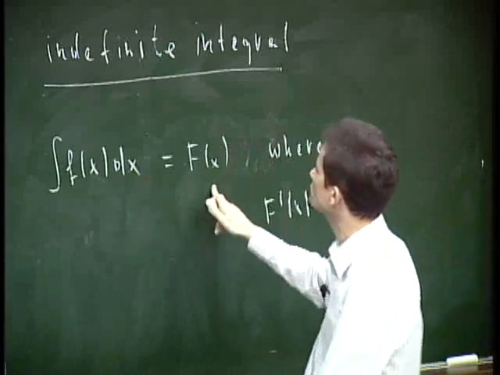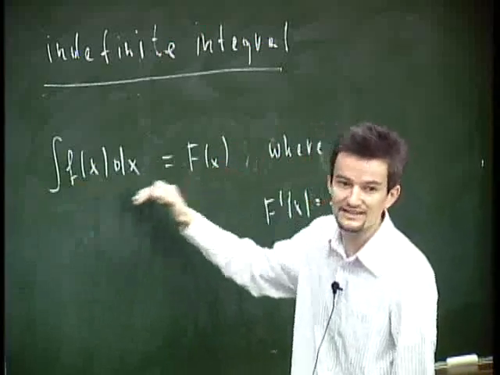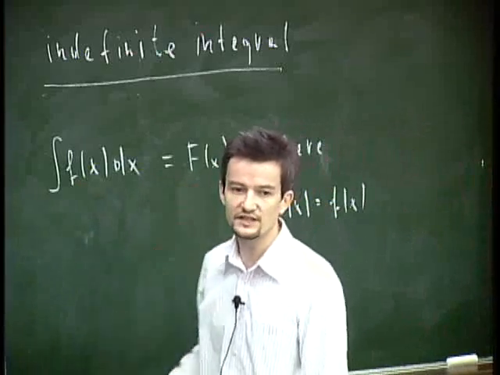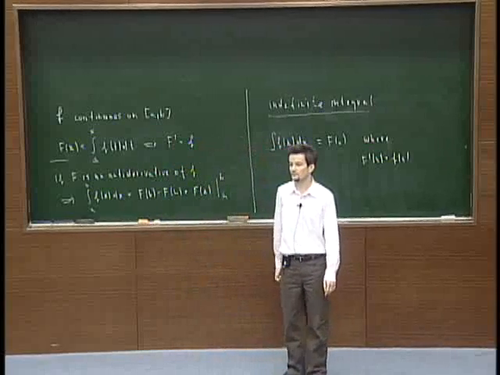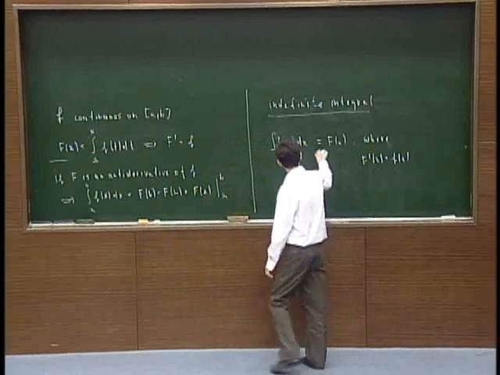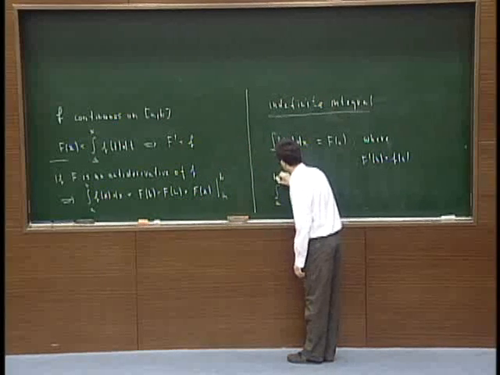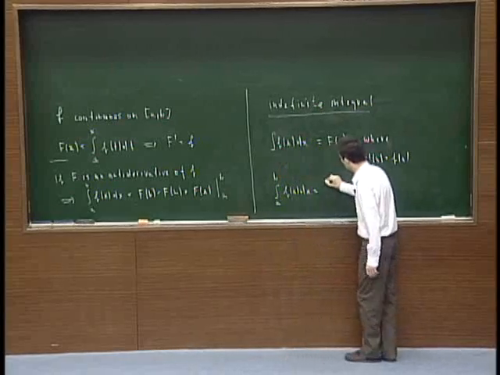If we use this symbol, we do not have to write that large F is an antiderivative of f. We can just write it like this. And once more, this notation is clearly motivated by the first part of the fundamental theorem of calculus. Also, you can now use this to rewrite the second part of the fundamental theorem of calculus more conveniently.